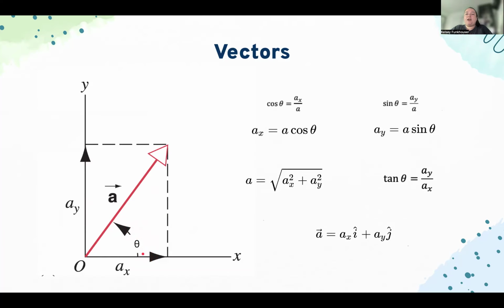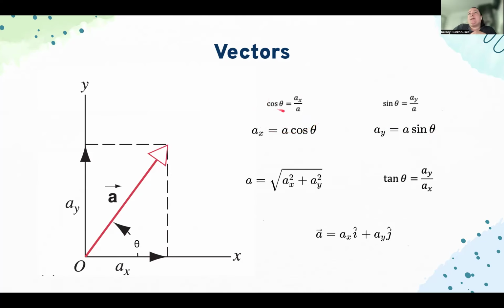And we can break our vector into its x and y components using trig. So we have the x and y components here, but because we know what the hypotenuse is, our main vector, and we know what the angle is, we can use that to find the x and y components. And that's what these are.